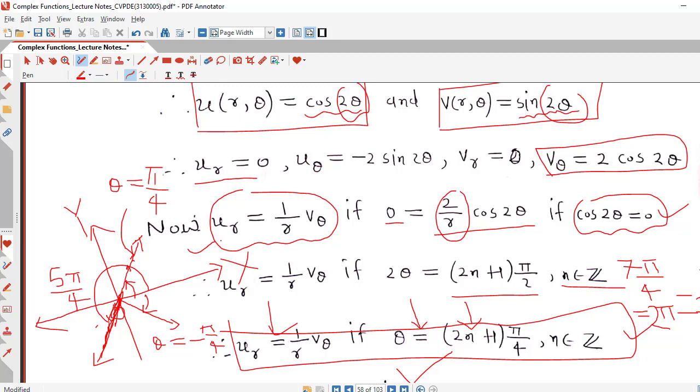So 2 pi minus pi by 4 means this is pi by 4 and the whole circle is 2 pi. If we measure anti-clockwise, then it is this one. So either we write theta equal to minus pi by 4 or theta equal to 7 pi by 4, we are getting the same ray.